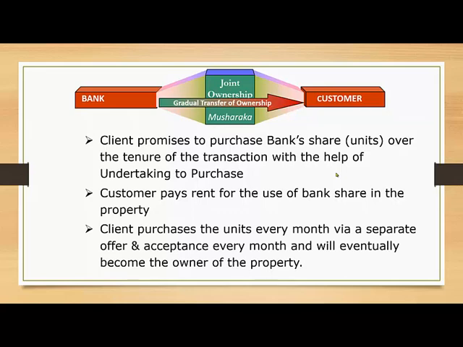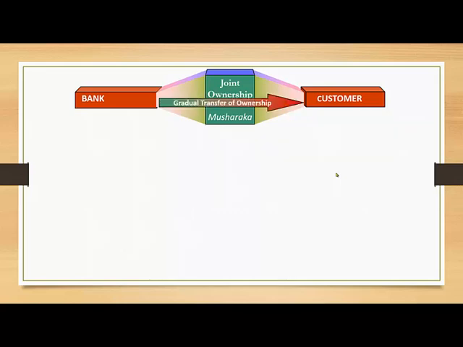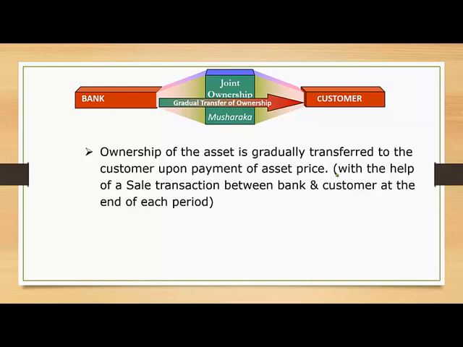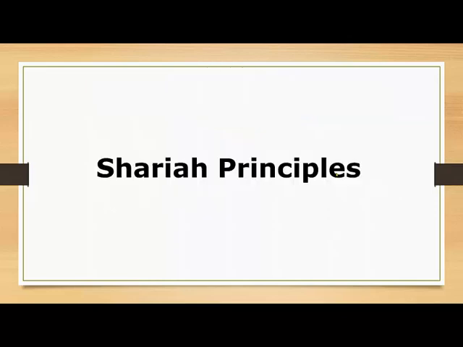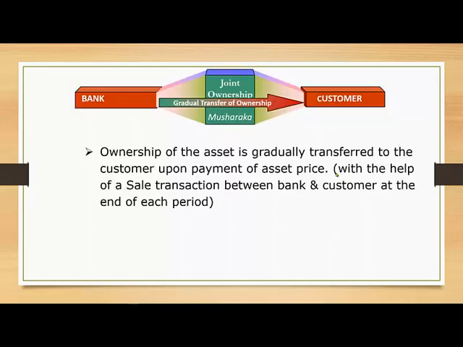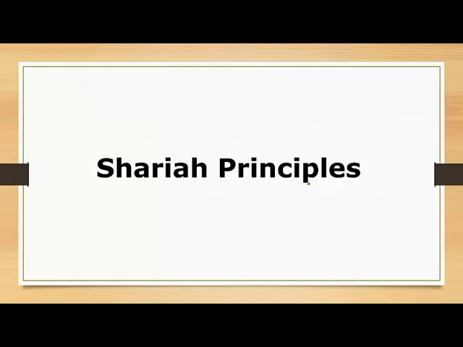The client purchases the units every month via a separate offer and acceptance every month and will eventually become the owner of the property. Ownership of the asset will be transferred gradually to the customer upon payment of the asset's price with the help of a sales transaction between the bank and the customer at the end of each period.